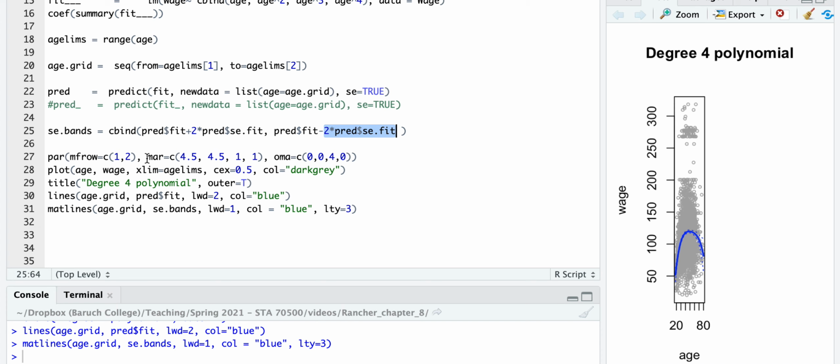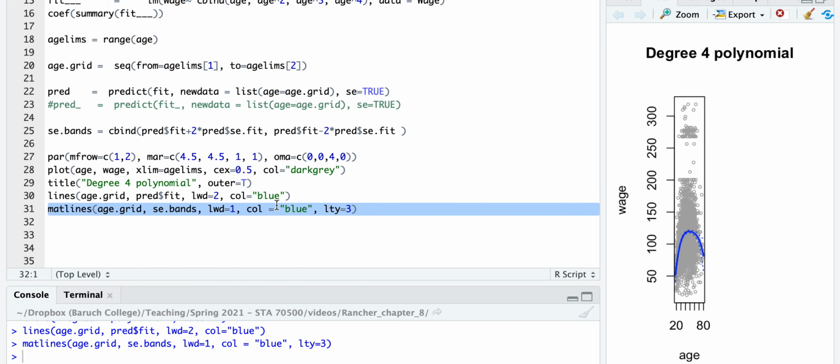And then we plot the raw data. We give it a title. We draw the prediction. We give it a color, a distinguishing color.